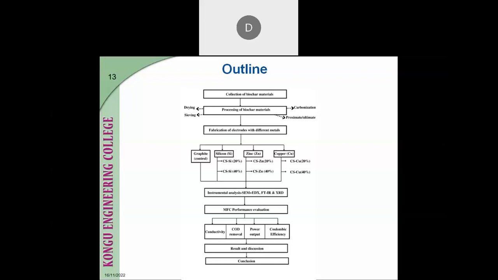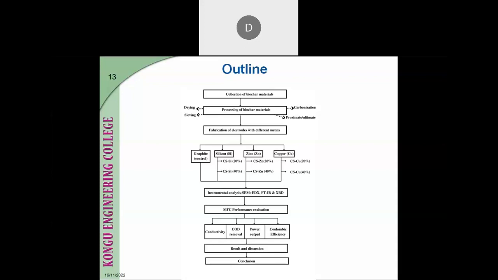Second, by using these electrodes we are going to produce bioenergy. Third, in addition to power generation and waste minimization, we are treating the tannery industrial effluent, so the effluent treatment is also performed simultaneously. These are all the important things we have incorporated in this case study.